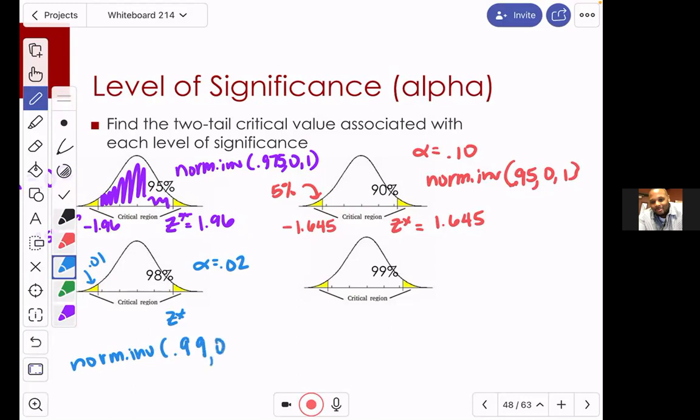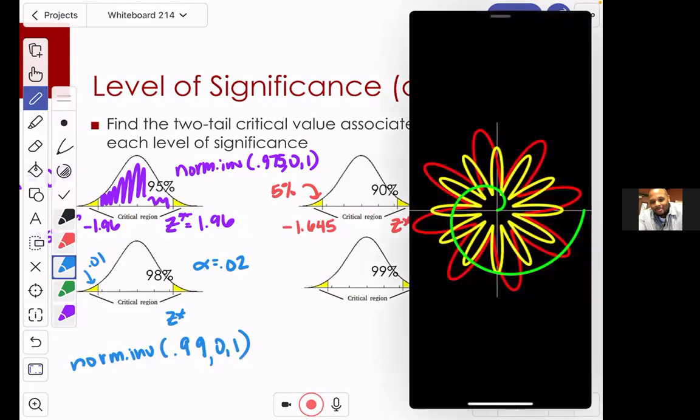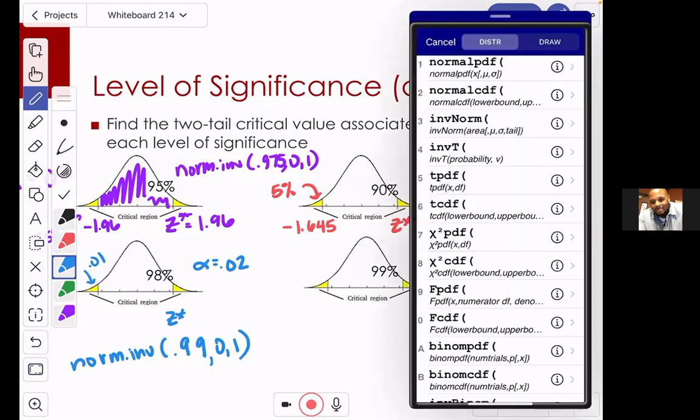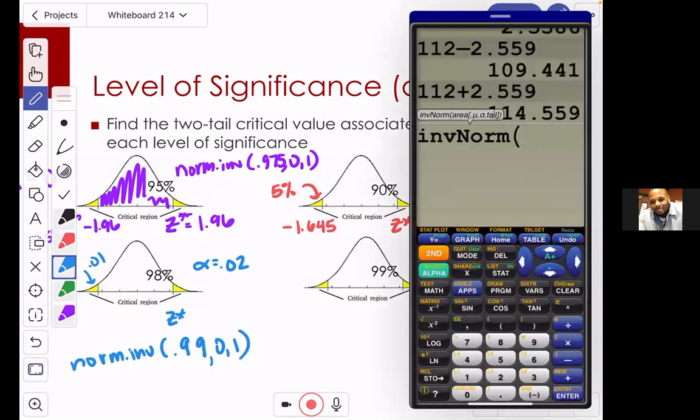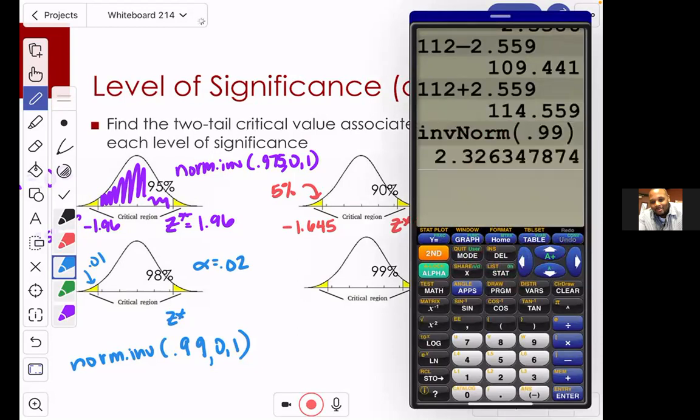That's 0.99. When I calculate that, you can go ahead and calculate yours in Excel. This z critical value is 2.326. This z critical value on the left is negative 2.326.